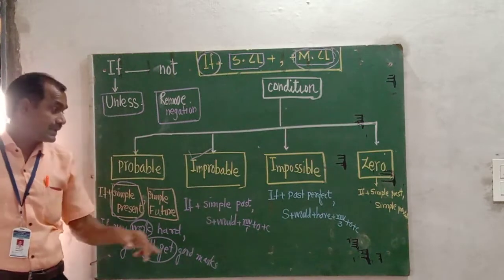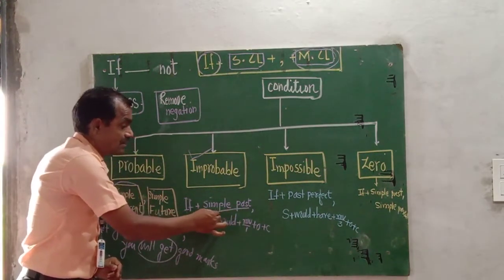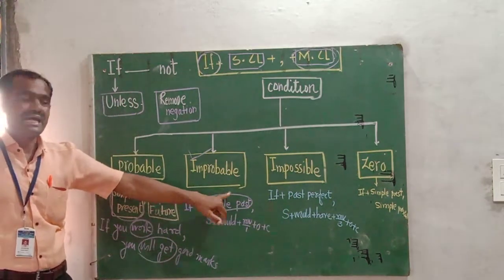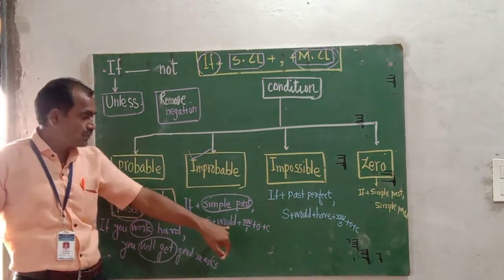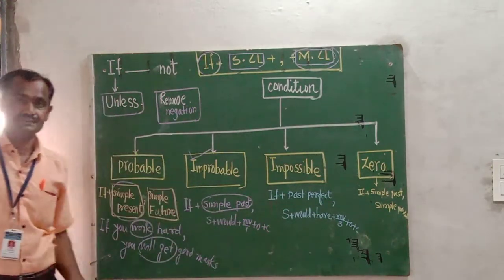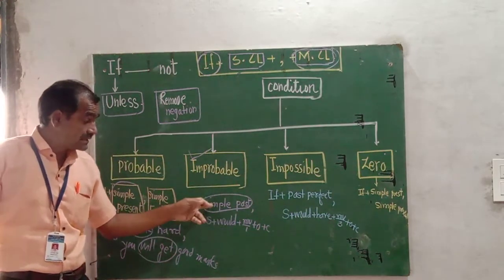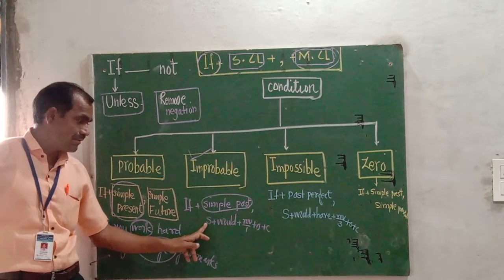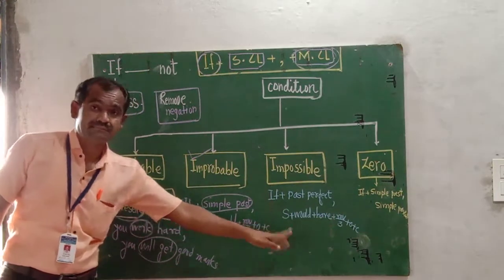In the improbable condition, the tense of the subordinate clause is simple past, and the structure of the main clause is subject, would, first form of the main verb, object and complement. Just like, if they entered my house, I would follow them.